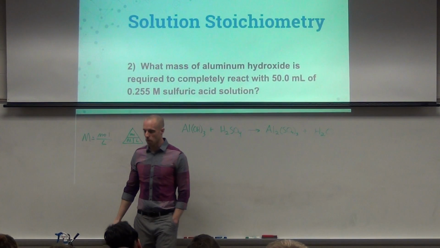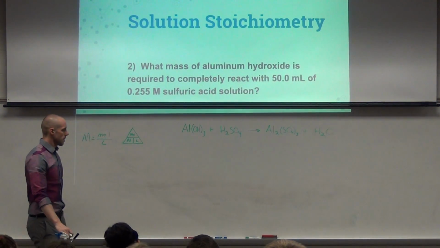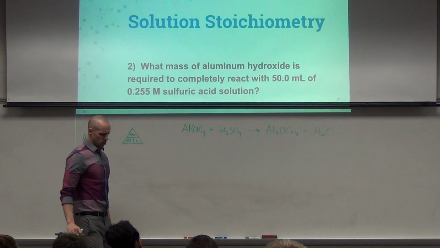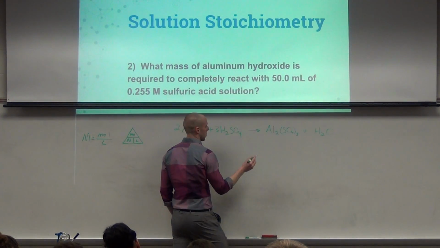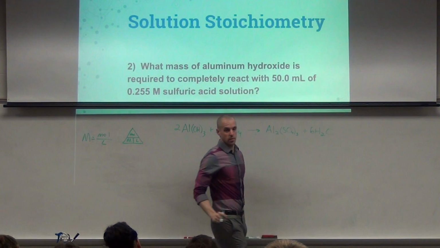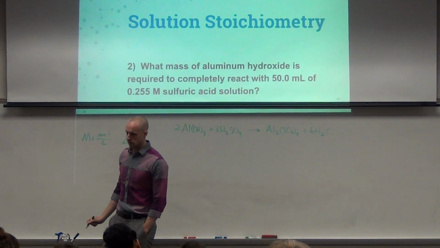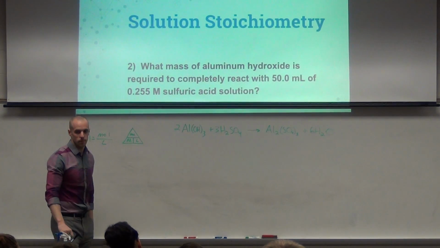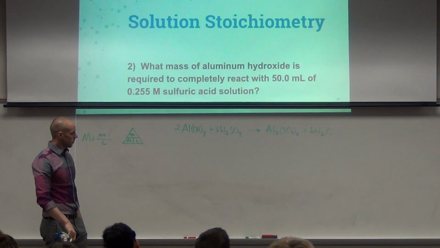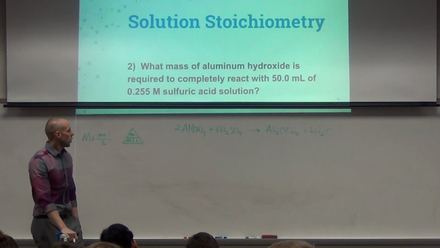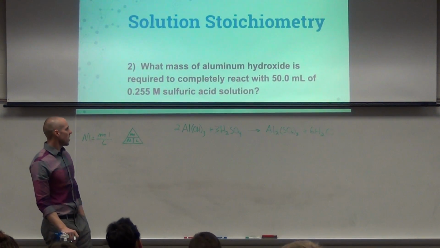And we need to balance that out. So we're going to need 2, 3, and 6. Okay, then it says what mass of aluminum hydroxide.